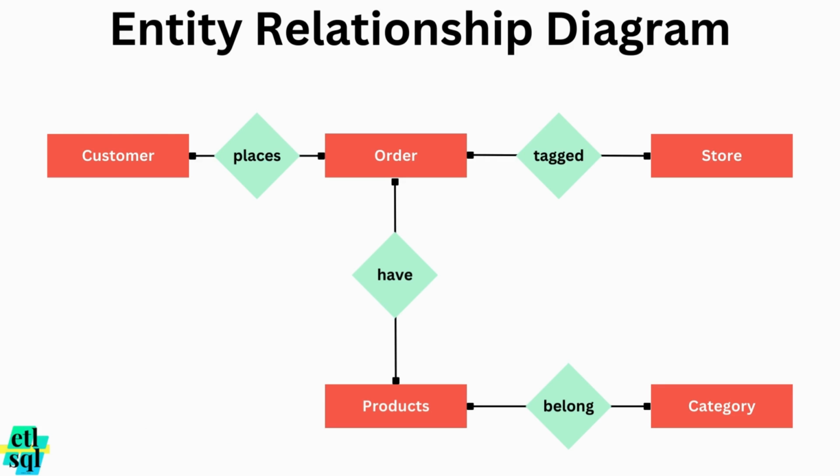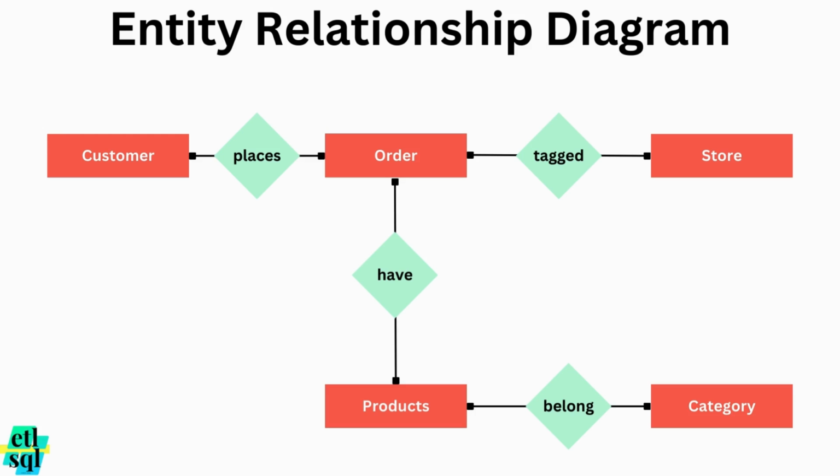So if you are good with the theory part, let's create our first entity relationship diagram. As I said earlier, the entities are represented in rectangular boxes and relationships are represented by a diamond box. So we have moved all our entities into rectangular boxes.